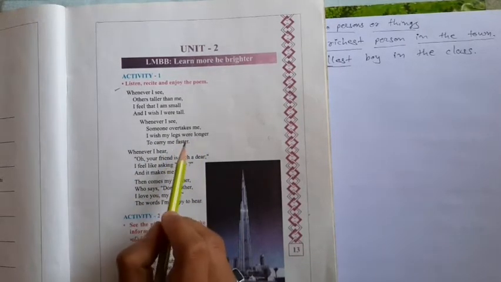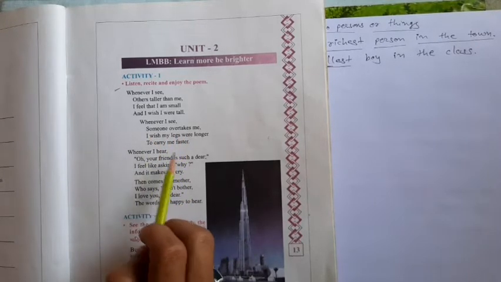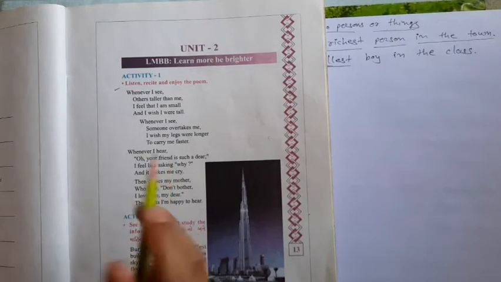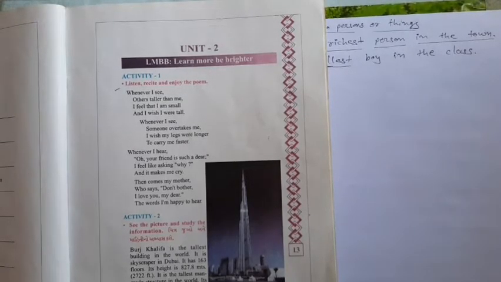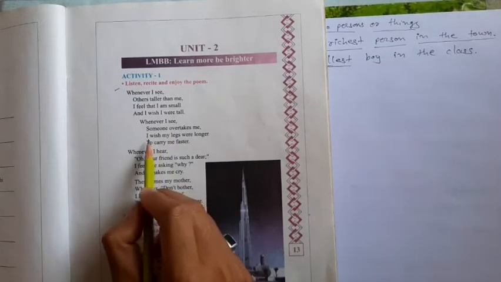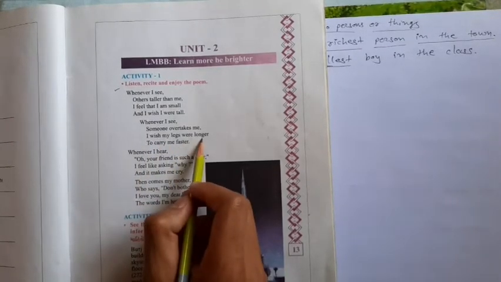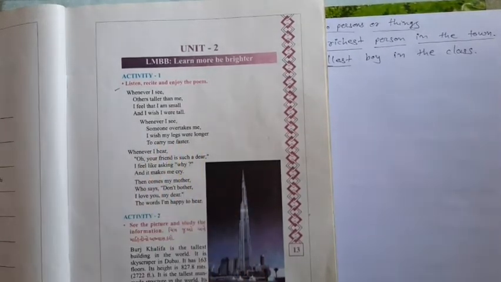In the second stanza, the poet says that when he sees people taking longer steps because they are taller than him, and going faster and ahead of him, at that time the poet wishes that his legs were longer so that he can walk faster.